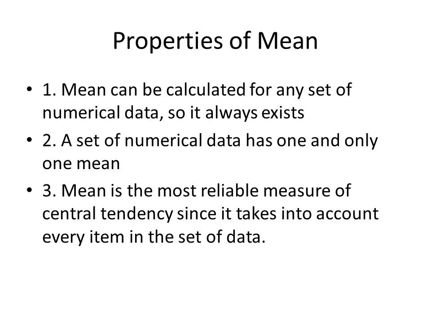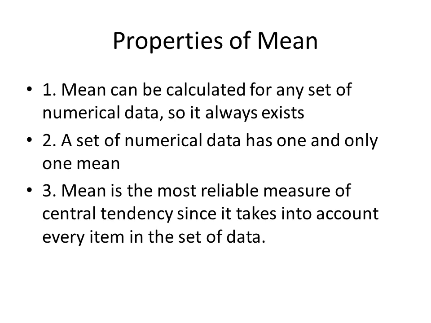Next, properties of mean. Mean can be calculated for any set of numerical data, so it always exists. Like mode, which will not always exist. Basically, some of the times you don't have a mode. Zero mode will be there. But mean is not like that.